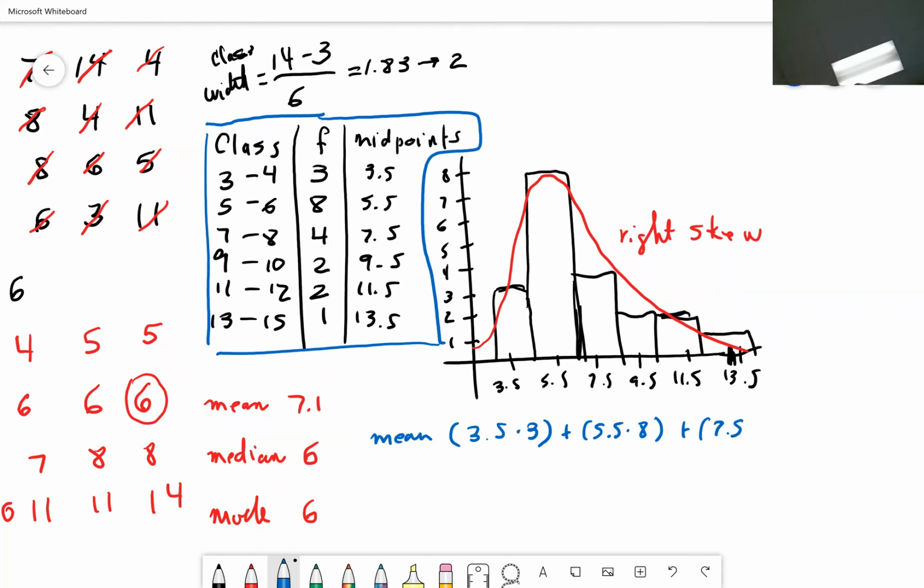7.5 times 4 plus 9.5 times 2 plus 11.5 times 2 plus 13.5 times 1.